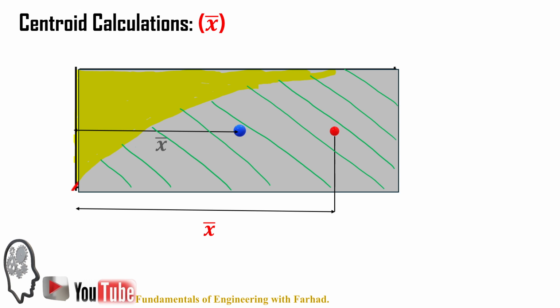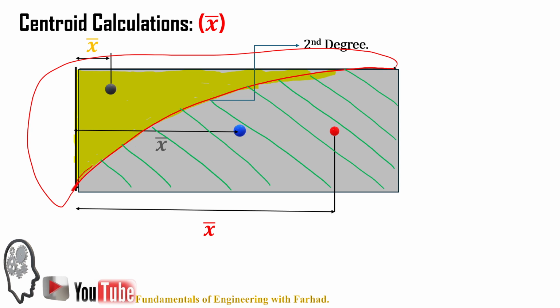The top part we do know that's a spandrel, and also we do know that that's a parabolic spandrel. And how do we know that? That's because it just says it's a second degree curve, so that's a parabolic spandrel.